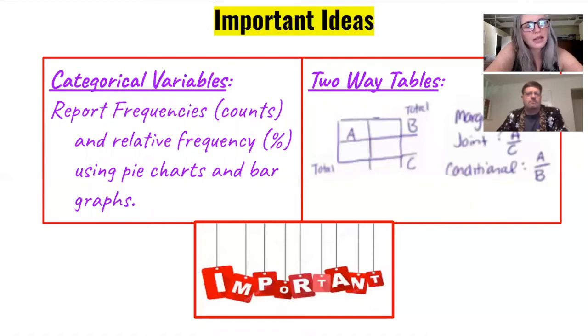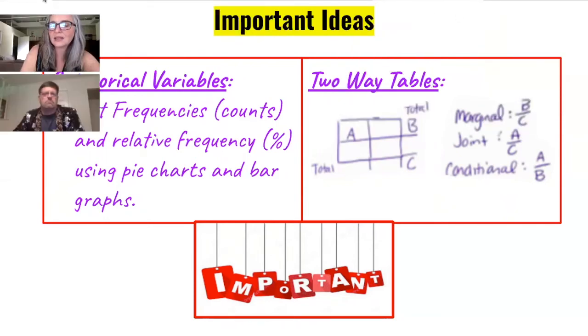In terms of categorical variables, we report frequencies or relative frequencies using pie charts and bar graphs. Those are two types of graphs that we use for categorical variables. And then when you are looking at a two-way table, marginal would be a margin total out of the total population.